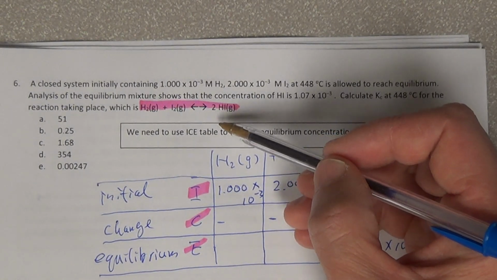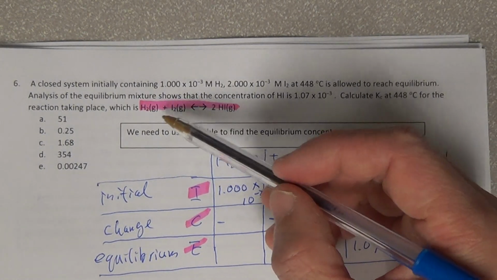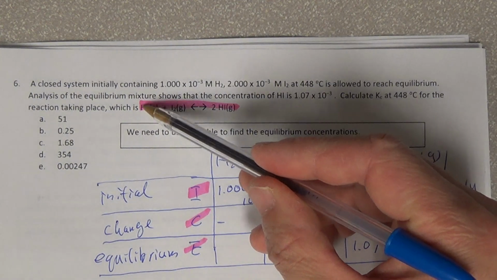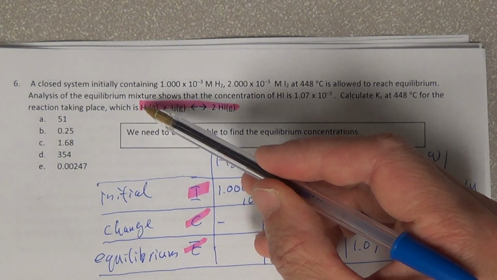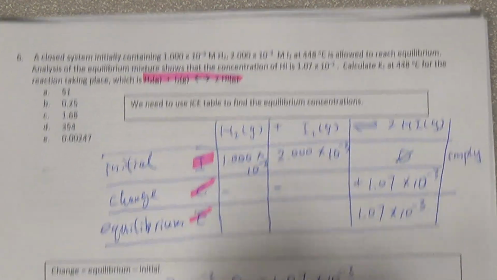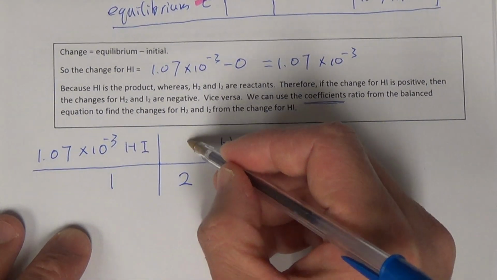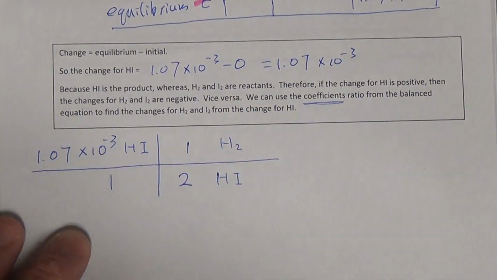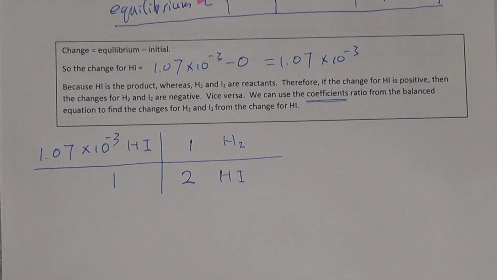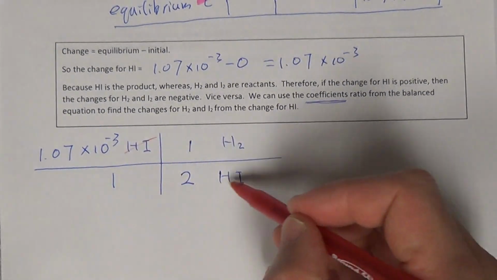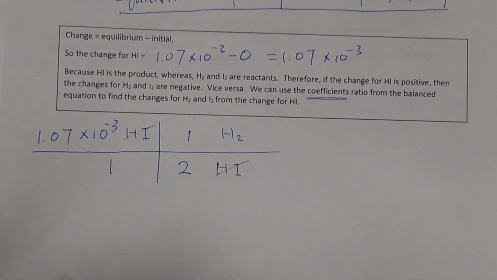Then let's see what the coefficient for H2 is. The coefficient for H2 is 1; the 1 is omitted, so we write 1 here. You can see the HI cancels out with HI, so we get H2.